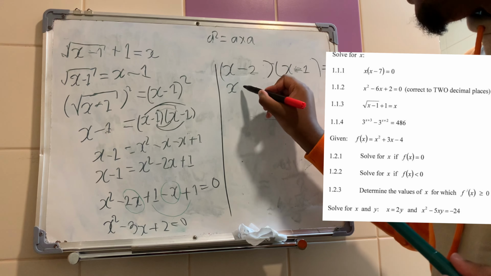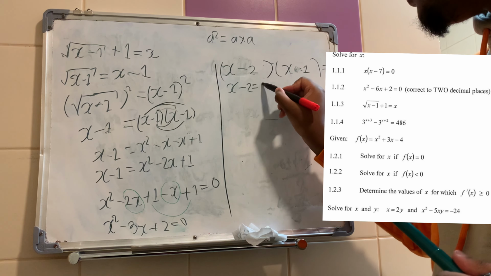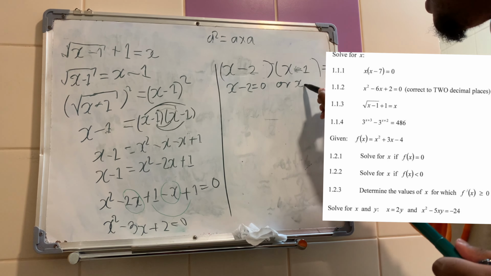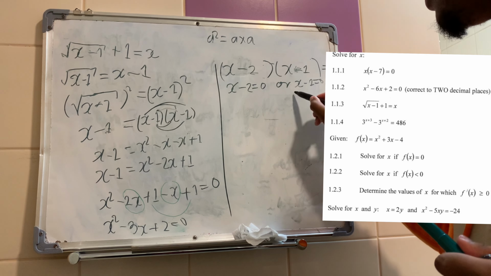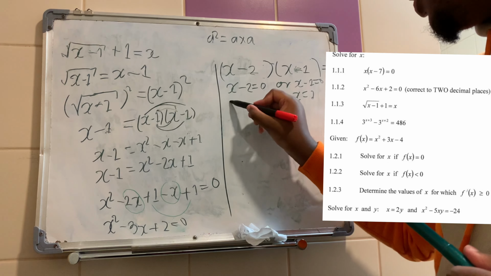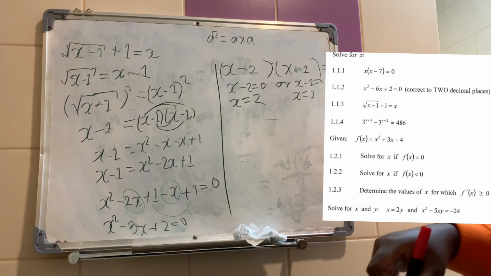For the factors, whatever numbers you hold, you check the signs. Then x minus 2 is equal to 0, or x minus 1 is equal to 0, so x is equal to 1 or x is equal to 2.